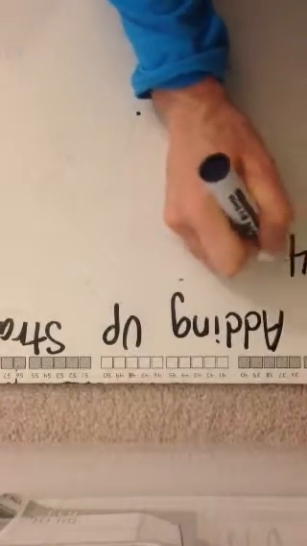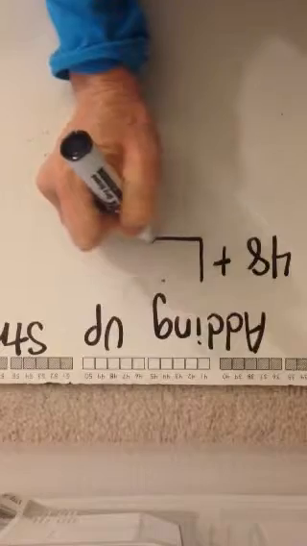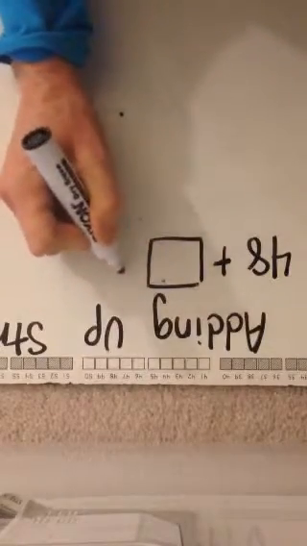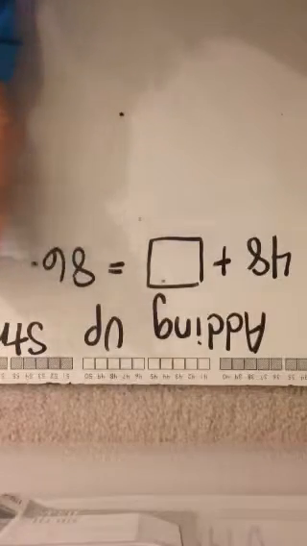With the adding up strategy, we would write 48 plus something is going to equal 86.